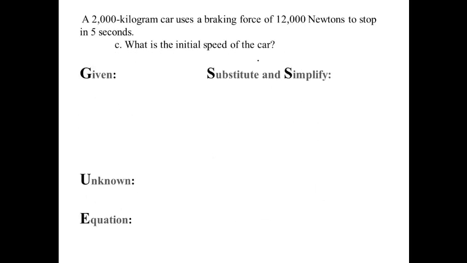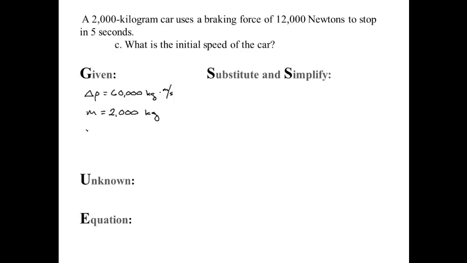Now, we have the same question, but now they're asking for the initial speed of the car. So my givens vary just a little bit, but I can use the information that I got from part B, 60,000 kilograms, and that's my change in momentum. I have a mass, which equals 2,000 kilograms.